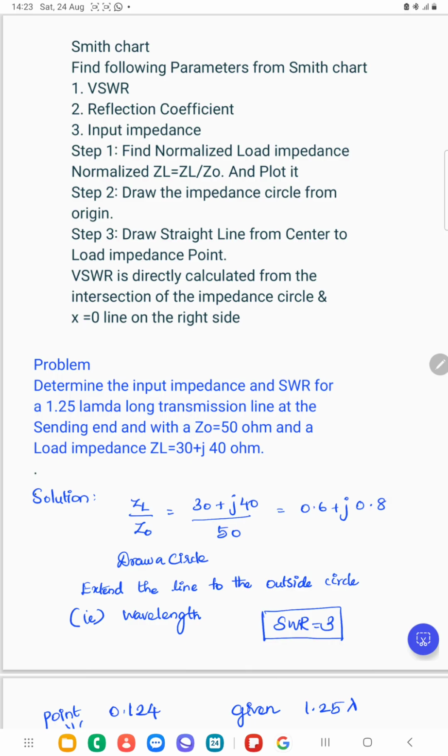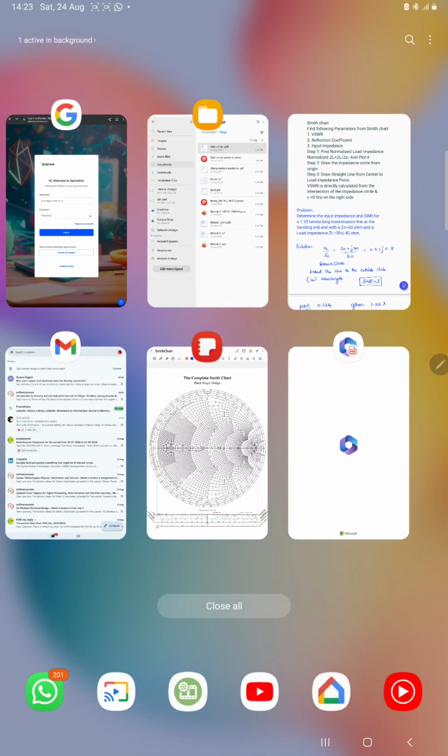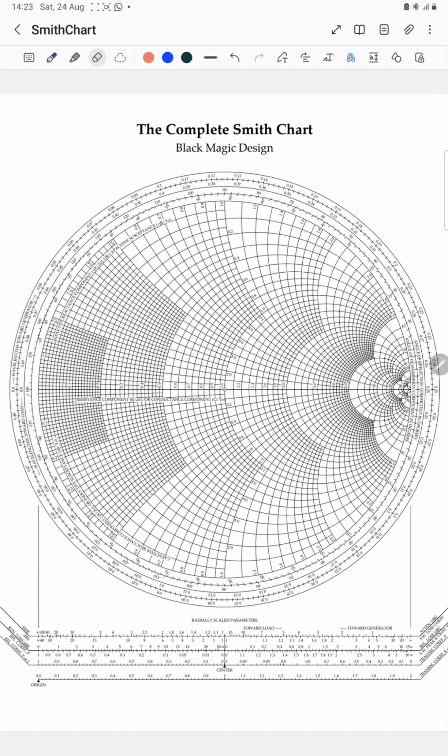If we see it in the Smith chart, the value is 0.6 plus j0.8. You should first mark the real part. These are all the resistance circles, so you should find where 0.6 is. Here is 0.6.